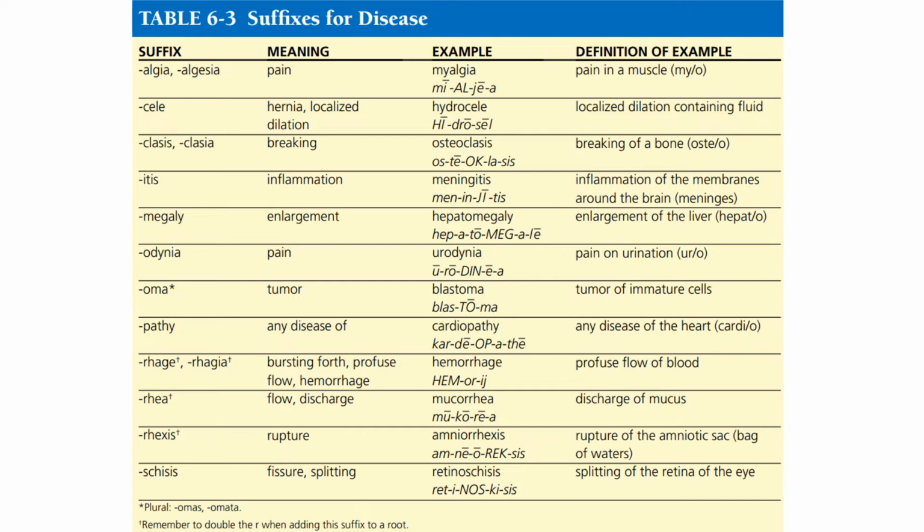Same goes with rrhea and rrhexis. Rrhea means flow, discharge. Mucorrhea means discharge of mucus. And rrhexis meaning rupture. So the example is amniorrhexis, which means rupture of the amniotic sac. Next is schisis, fissure, splitting. Retinoschisis, splitting of the retina of the eye.